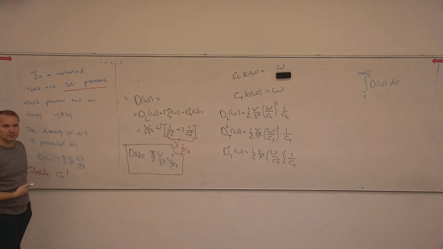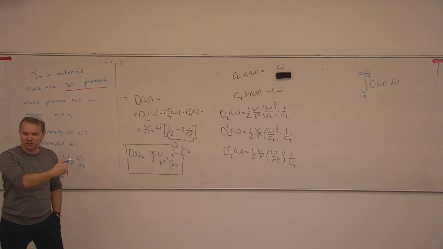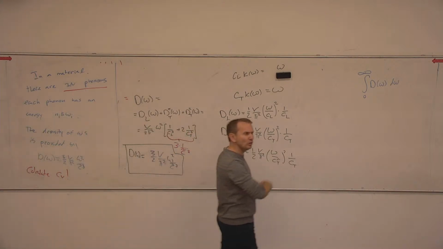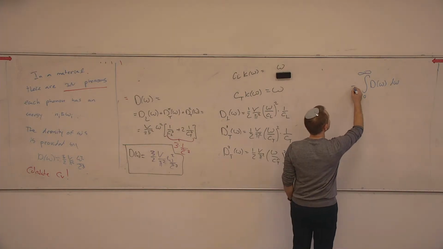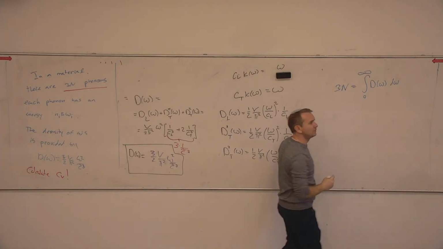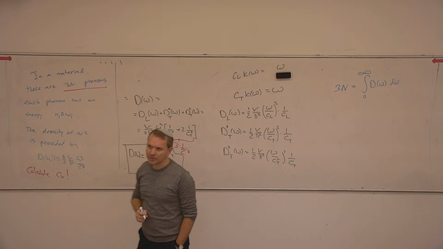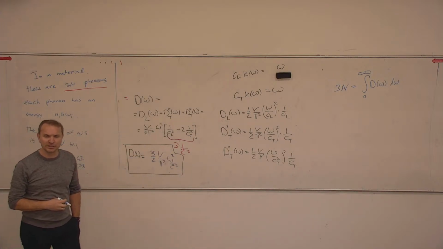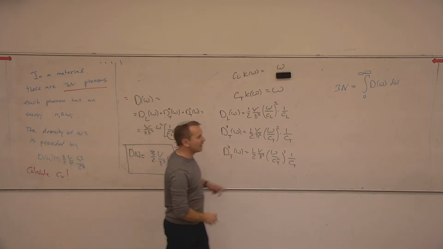It's just 3N. Each phonon contributes its own omega. When I count all the possible omegas, I count all the possible phonons. And this integral has to be equal to 3N. So even if I haven't calculated something correctly, maybe I miscalculated something on the way, I have this constraint.